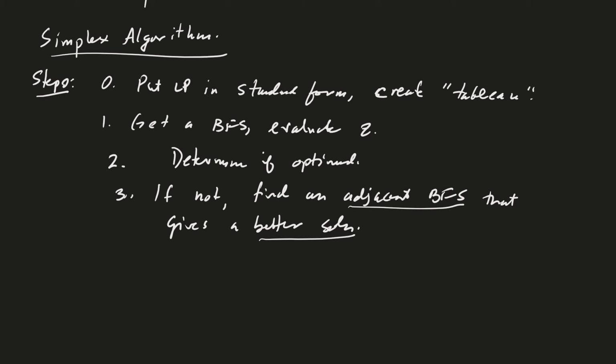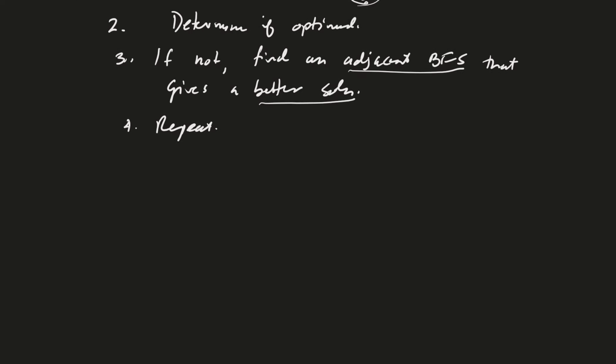So what that means is that as our algorithm progresses, the value of the objective function gets better and better and better. Okay, so that's a really important step. Good. And then repeat. At some point you're going to run out of basic feasible solutions, right? All right. So let's do this by example.